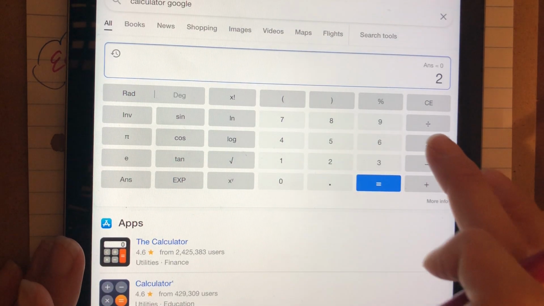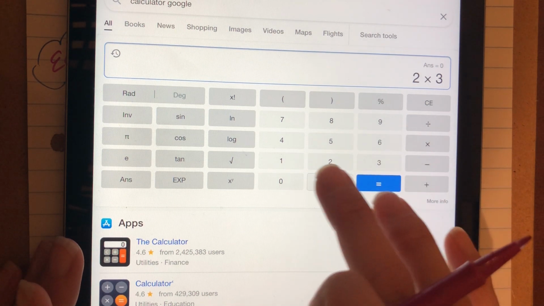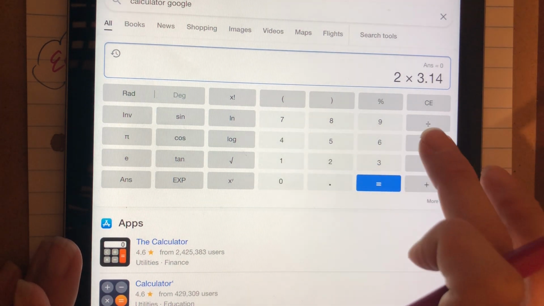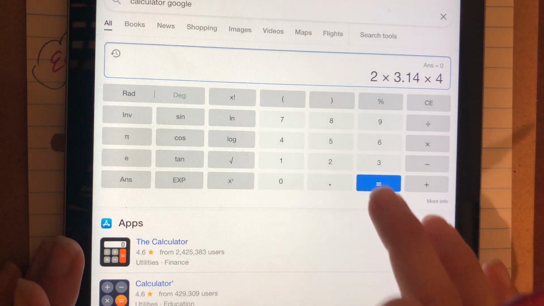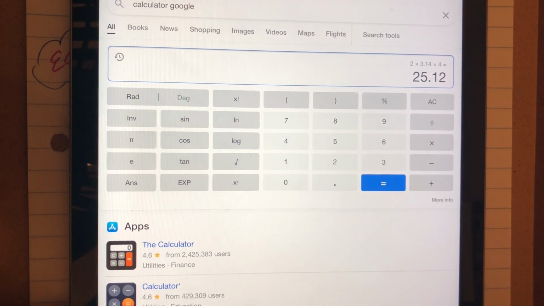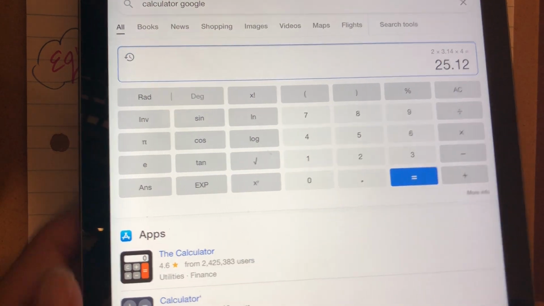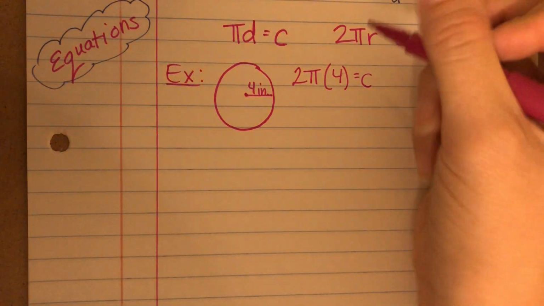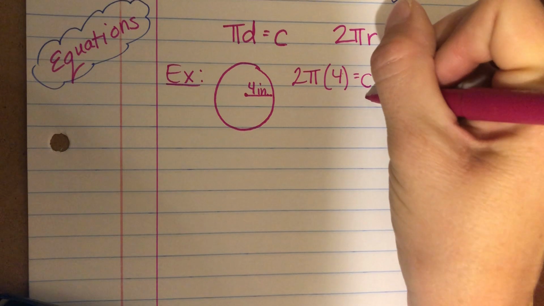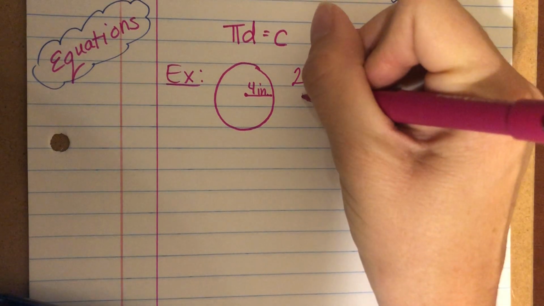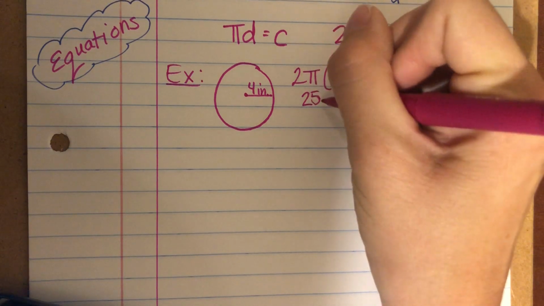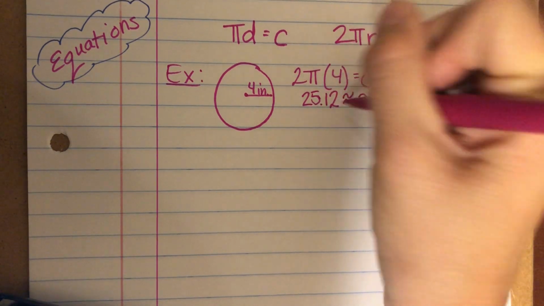So I'm going to do 2 times 3.14 times that radius, which was 4 inches, and I get 25.12. So the circumference is approximately 25.12 inches.